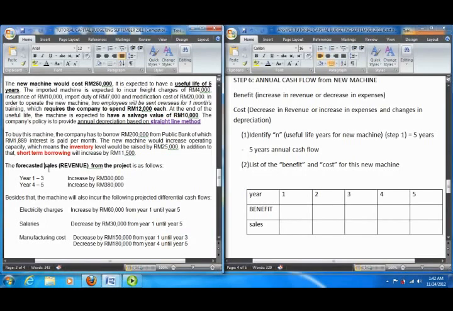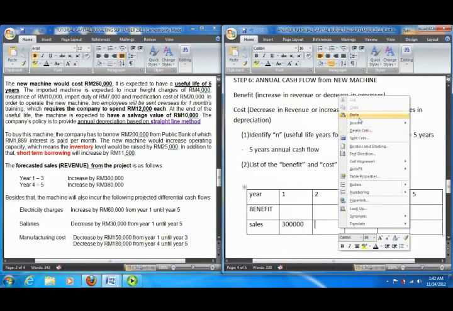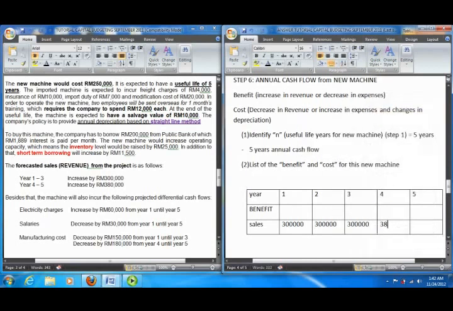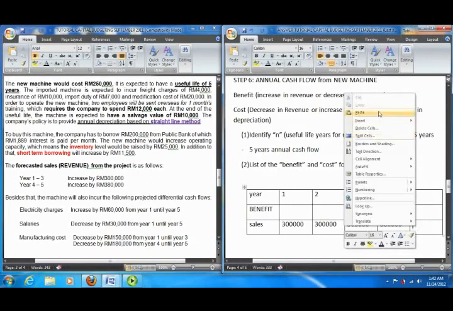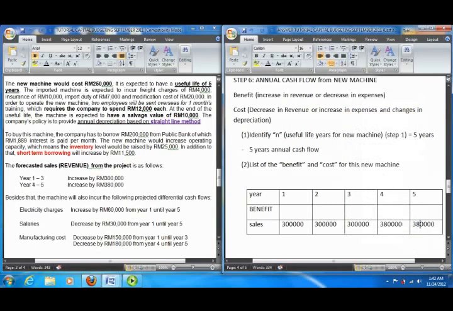So the first item that we see in the question, sales, correct? Revenue. So increase by 300,000. So we put year 1, 300,000. Is it the same for year 2 and year 3? Yes. Make sure you copy. Why copy? Because it's the same. Is it the same for year 4, class? No. It is 380,000.